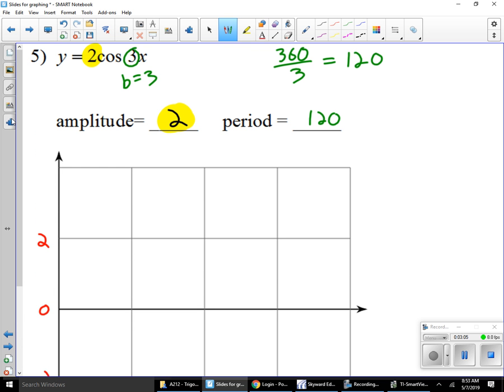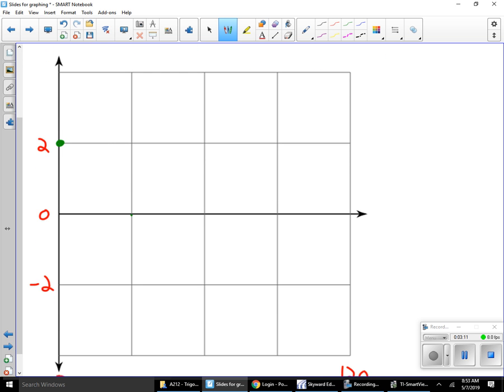Now remember, cosine starts high. So cosine is going to start at its max, then go to the midline, then go low, back to the midline, back to max.